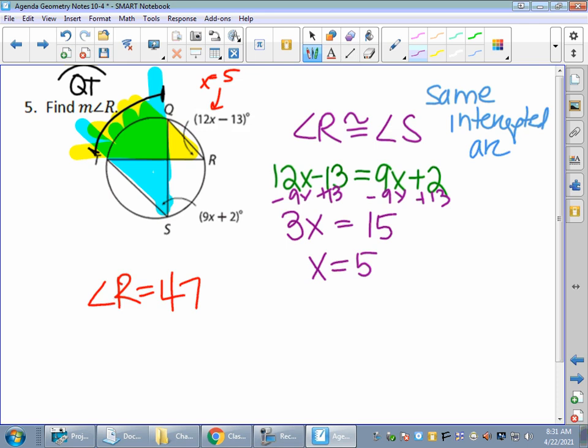Are you just automatically going to say, oh, S is 47? Hopefully, but you can also do that double check. Put that 5 in there. Make sure that you get 47, because if you don't, then you did something wrong in your solving or your setup. 9 times 5 is 45, plus 2 is 47. So these two guys have to be congruent. It turns out they're both 47 degrees.